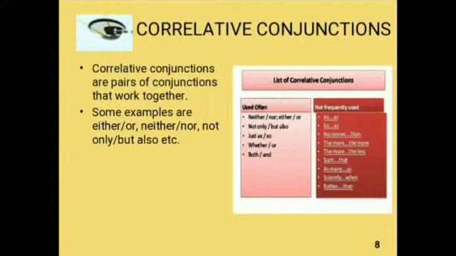The correlative conjunctions that are not frequently used are as so as, no sooner than, the more the more, the less, such that, as many as, scarcely when, rather than.